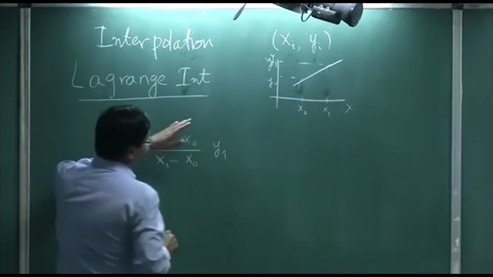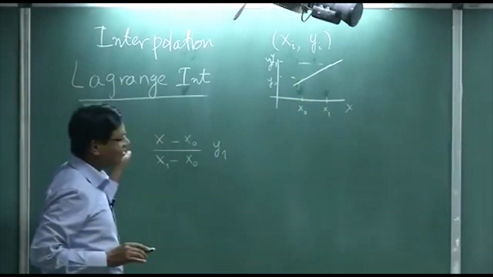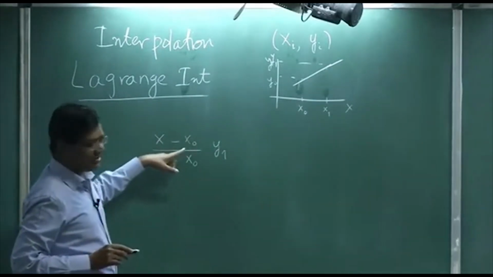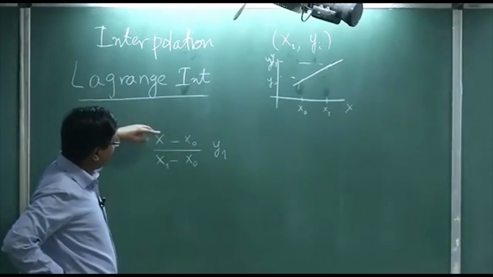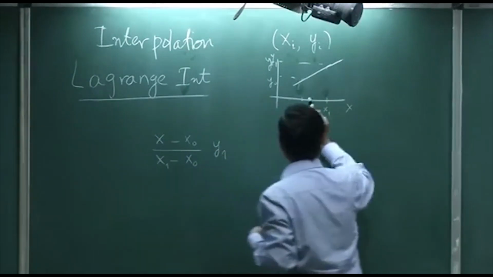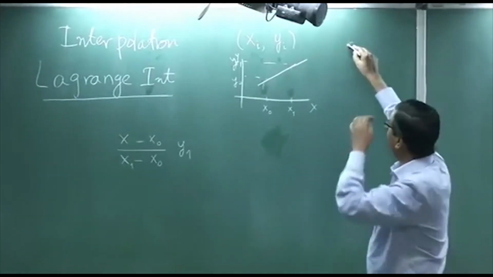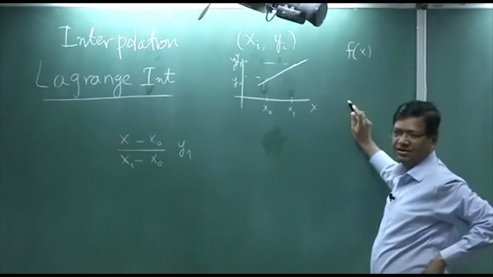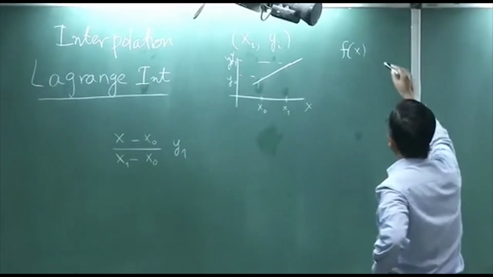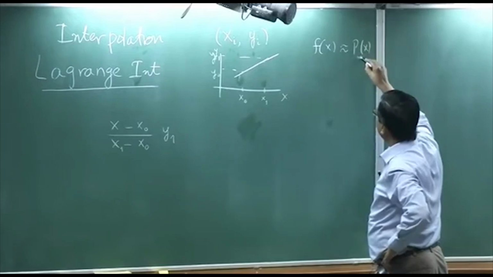Of course you can make a linear function passing through these 2 points, but I want to automate this for more points. This is linear in x, it satisfies the value of the function at the condition I need to demand. Let me make another remark: the function, like temperature for example, passing through these 2 points is f of x, but I do not know that function, I really do not have access to it, but I am approximating it by a polynomial.